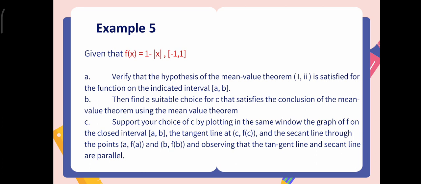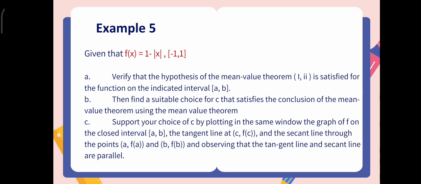The same rule: we're going to verify the two hypotheses of the mean value theorem, then find a suitable choice of c that satisfies the conclusion of the mean value theorem, and support our choice by plotting in the same window the graph. You may pause the video if you want to join and answer this one.